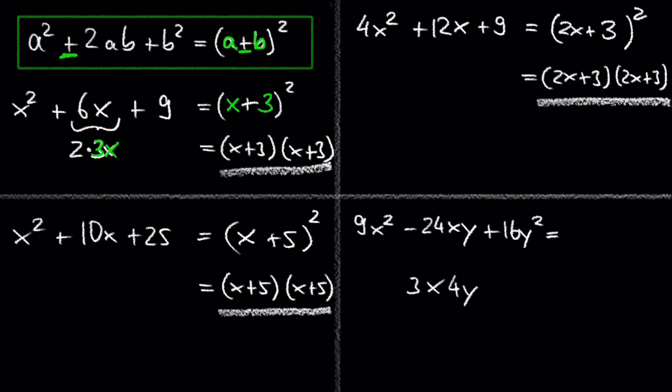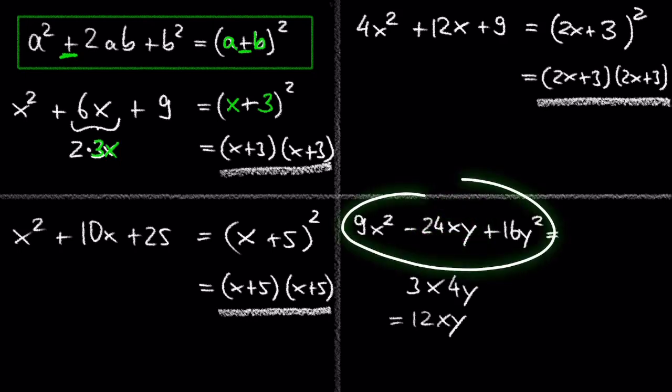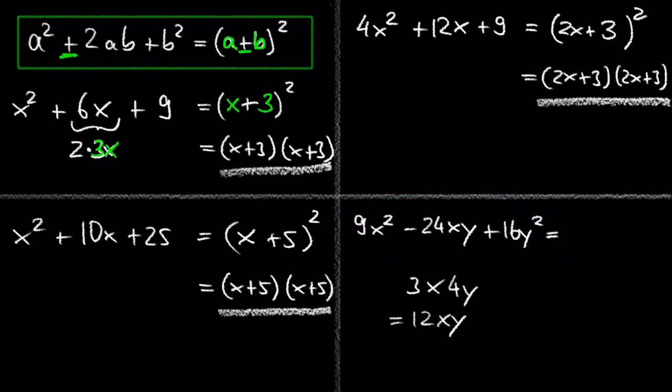Now, is the product of 3x times 4y, which is 12xy, the half of the middle term, 24xy? Yes, it is. So 9x squared minus 24xy plus 16y squared is a perfect square trinomial.